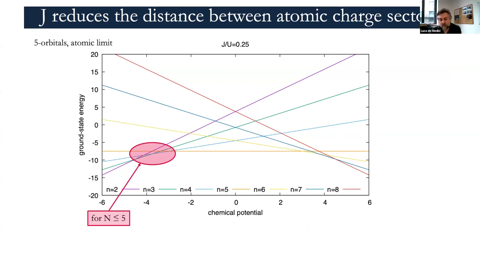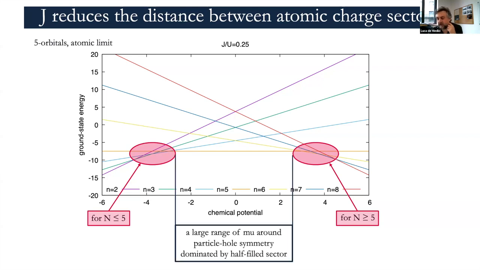And this happens both for less than or equal to half filling, which in this model is 5, because I'm looking at a 5-orbital Hubbard model, and for more than half filling. So these are two restricted zones in chemical potential.